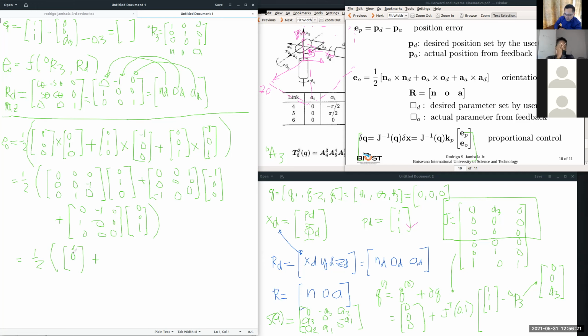That is 0 and this is 1. Next, it's positive 1, 0, 0. Only in the third element you have a 1, just a positive 1.